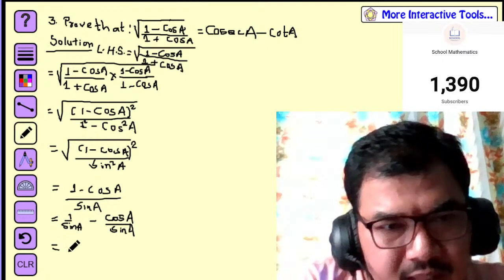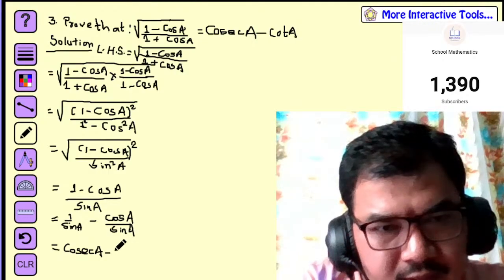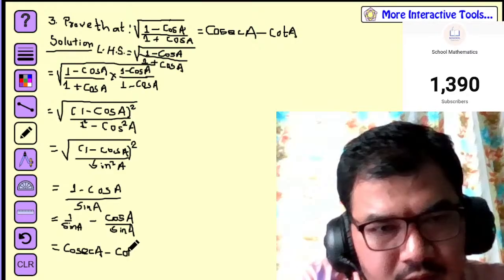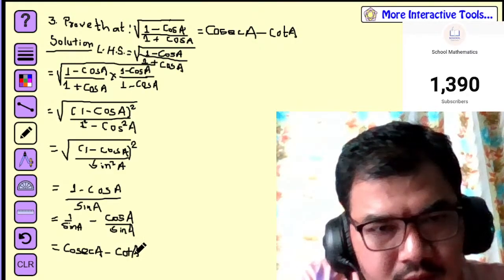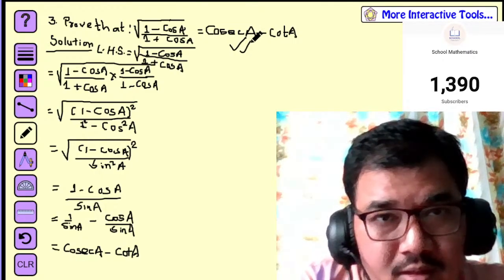1 by sine A means what? We know its value is cosec A, because that is the reciprocal relation. Minus cos A by sine A is the formula of cot A. Look children, the same thing was there in the right hand side.